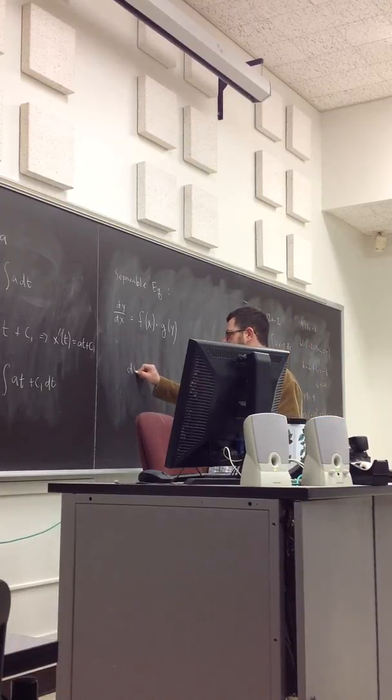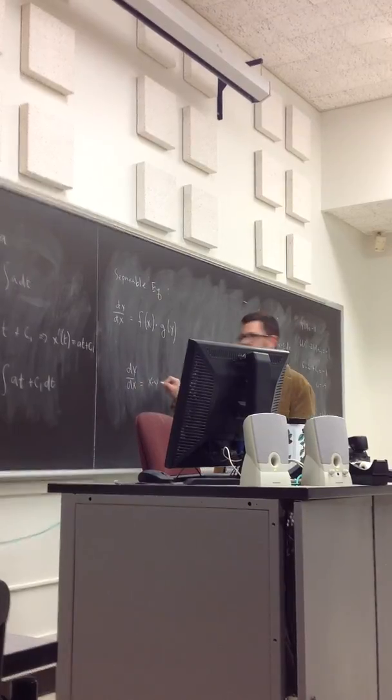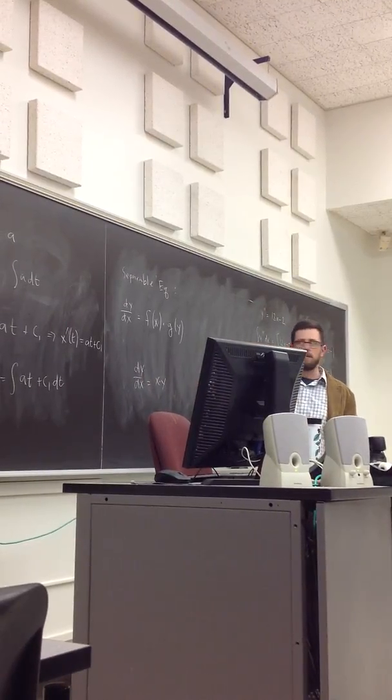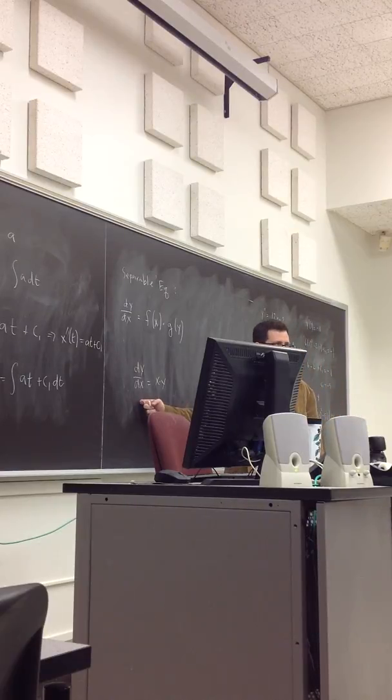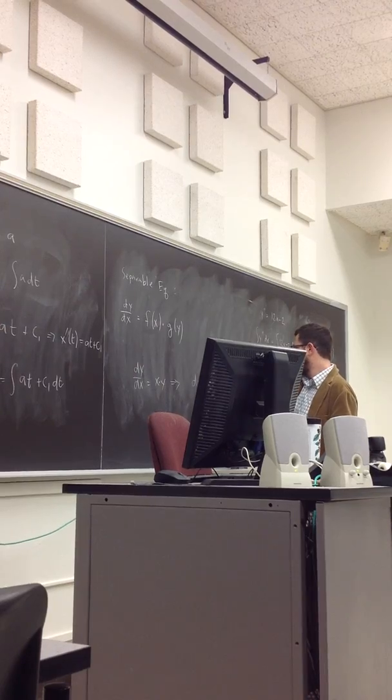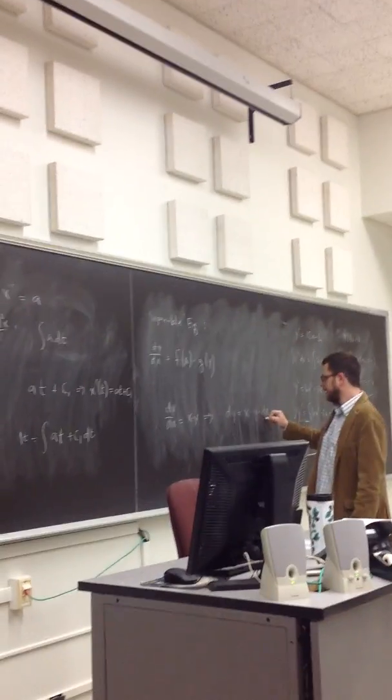But basically, let me show you a really quick example. Let's say dy/dx is equal to x times y. This is separable. The strategy is you shift to differential notation by multiplying by dx. So dy is equal to x times y times dx.